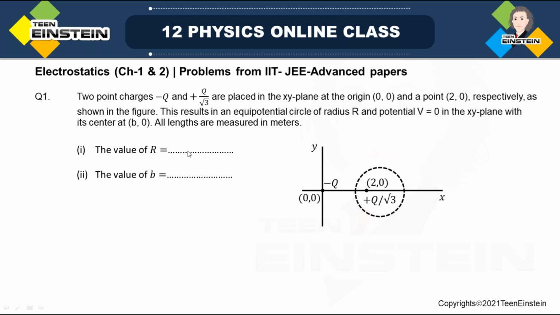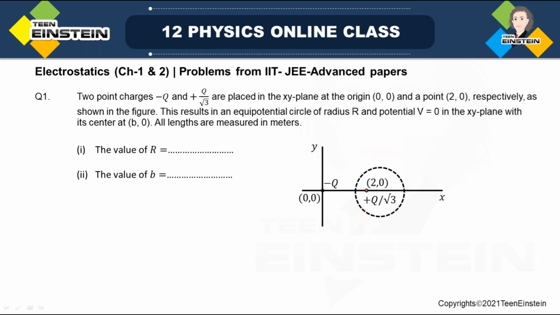So, let us read the problem and try to solve them as soon as possible. So, 2 point charges minus q and plus q by root 3 are placed in the xy plane at origin (0,0) as you see here, and a point at (2,0), which is this place.